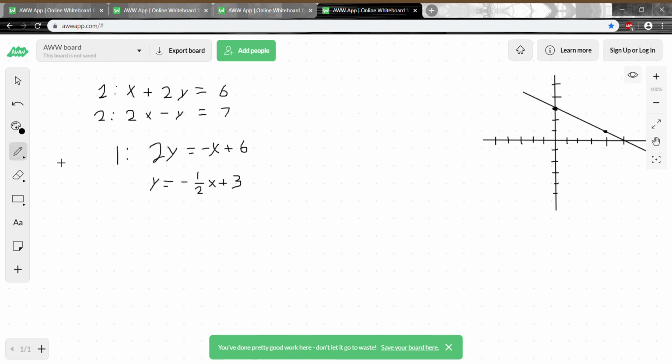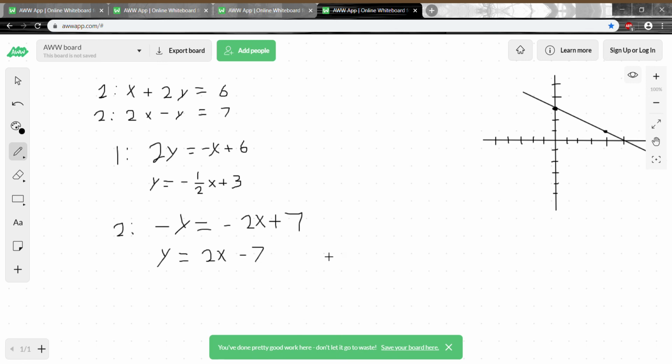So now we're going to do equation number 2. We're going to see that negative y is equal to minus 2x plus 7. Now we're going to distribute this negative 1 across the whole equation, giving us that y is equal to positive 2x minus 7.